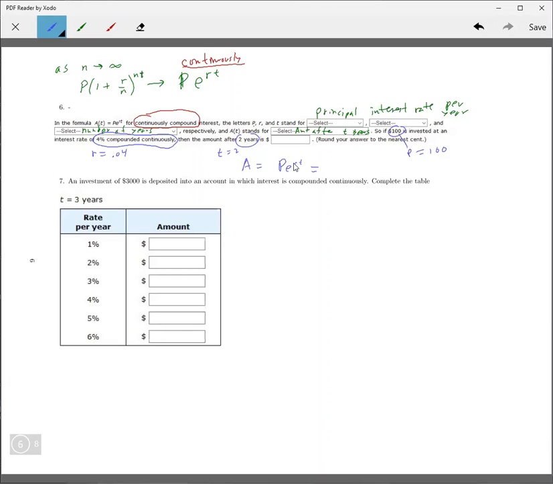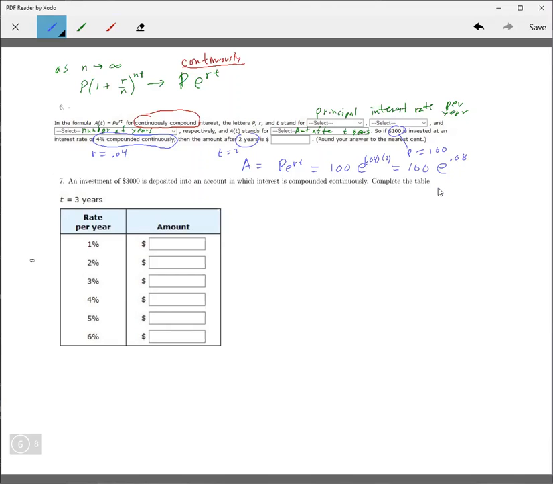There's the formula, just plug everything in. P is 100, e is itself, R is 0.04, T is 2. So that's 100 times e to the 0.08.